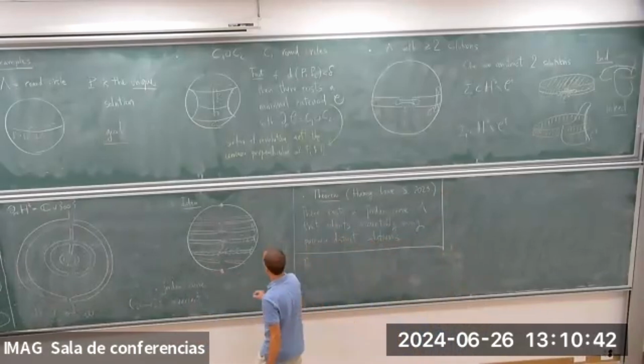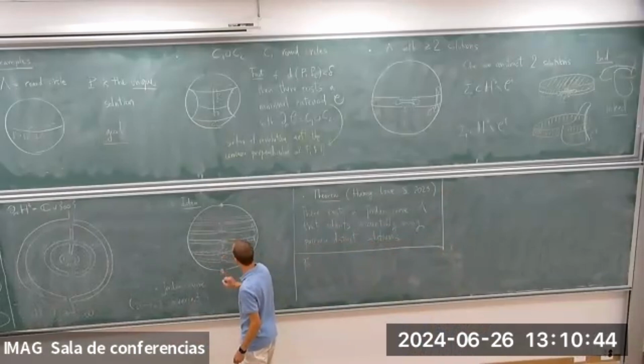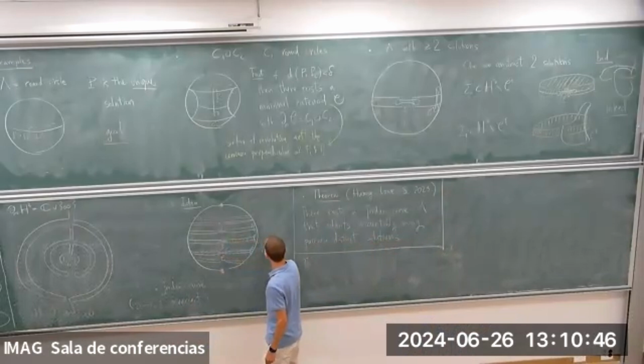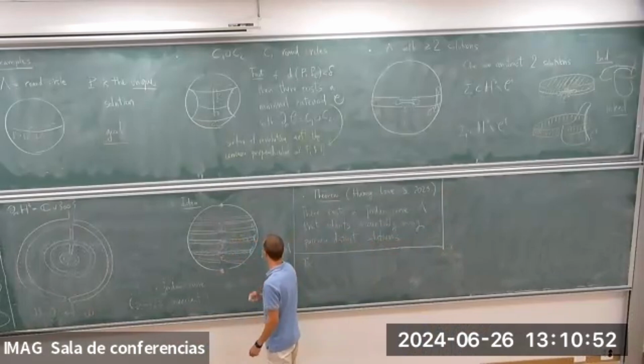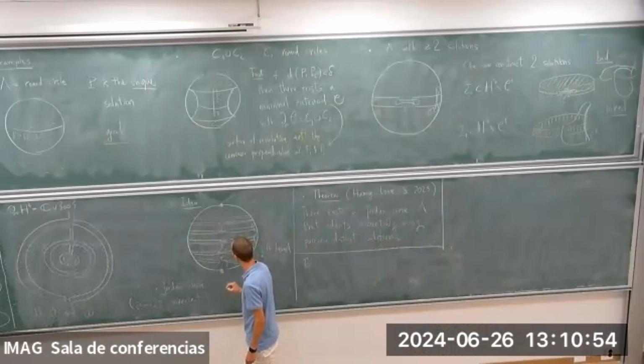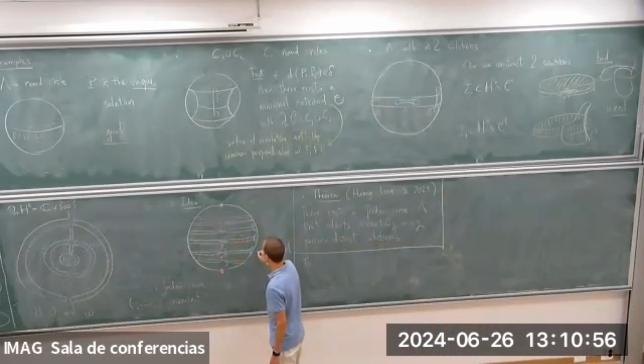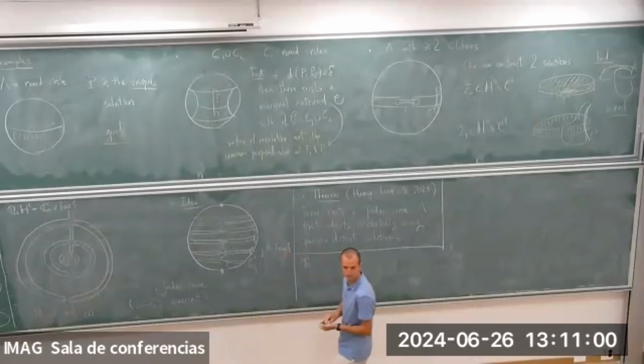All levels. So now I need an index. I will call this catenoid here at the jth level. This will be C_j0, and this will be C_j1. Okay.